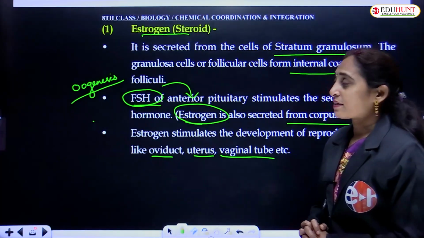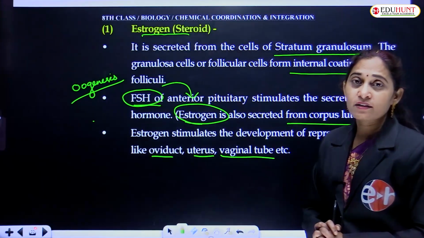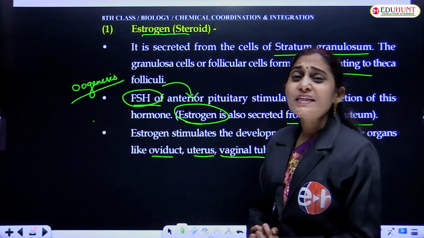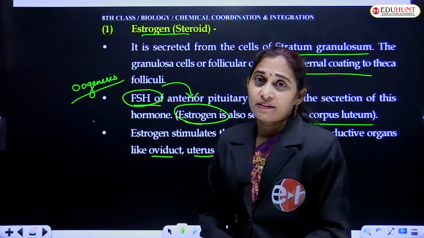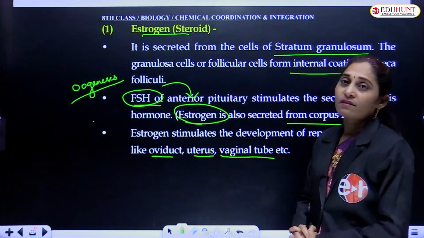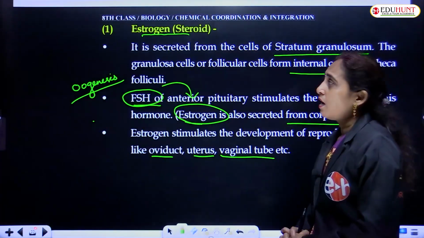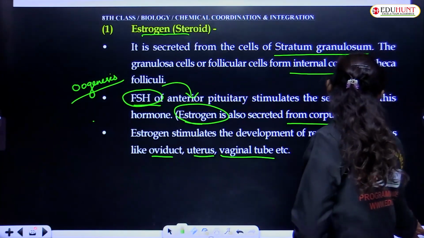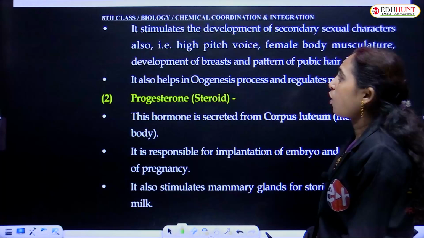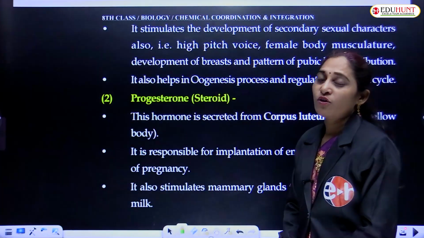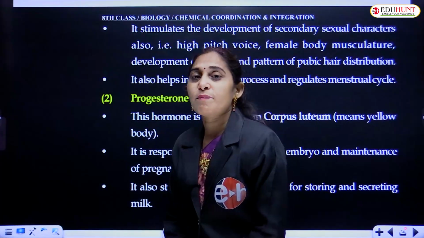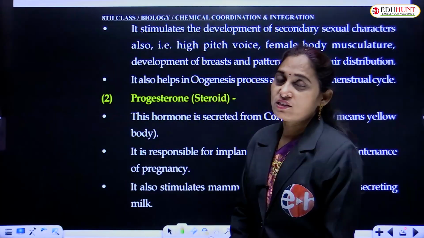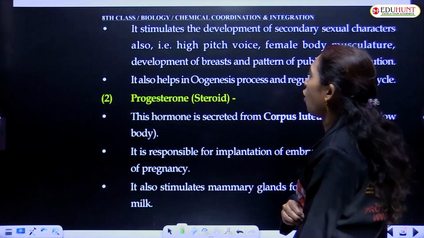That is, one is acting as the primary reproductive organ and second it is acting as an endocrine gland because it is responsible for the synthesis and production of estrogen and progesterone hormones, female hormones.